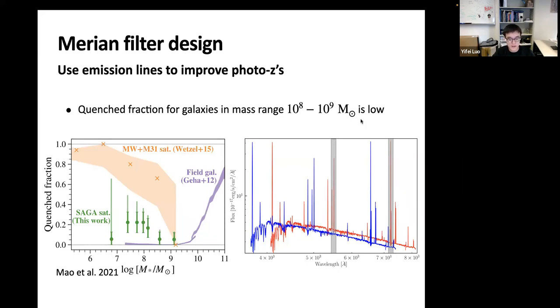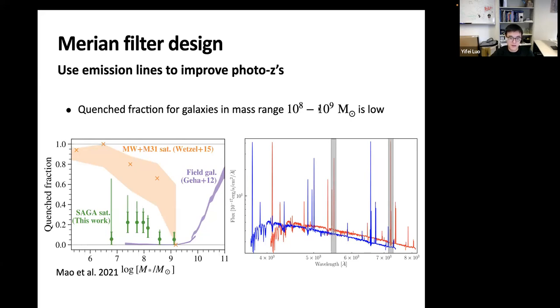So we can just add several more medium-band or narrow-band filters to specifically target those emission lines, and use the broadband filters from surveys like HSC to help characterize the full SED of the dwarfs. Okay, so that's the basic idea.